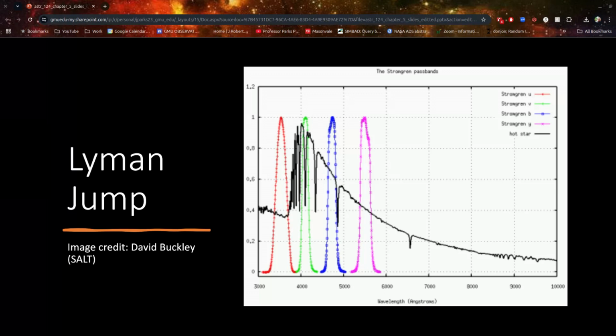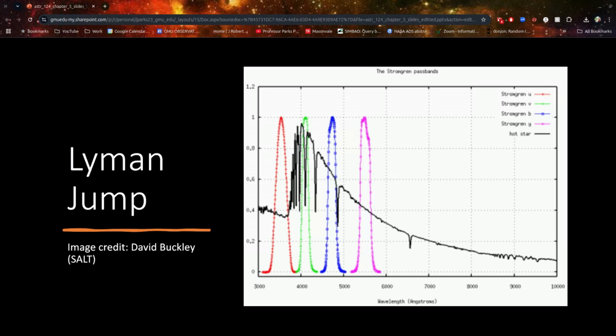And so what you can see here is when you go from short to long wavelengths, around the 350 nanometer line, or 3,500 angstrom, you have a rapid increase in luminosity, or a rapid increase in flux. And the height of that jump, the amount that it increases, here in this case, it's going from 0.4 to 1 relative flux. The height of that is a direct measure of temperature. From a photometric standpoint, it is a very precise measure of how hot a star is.